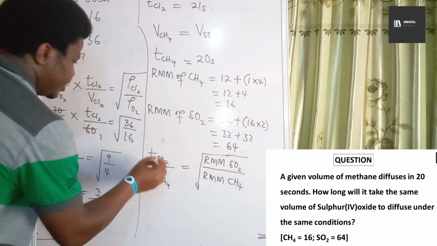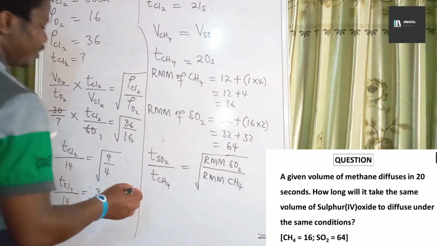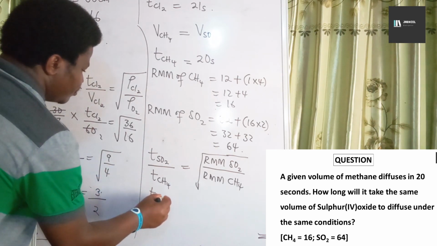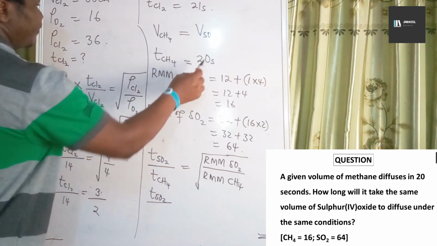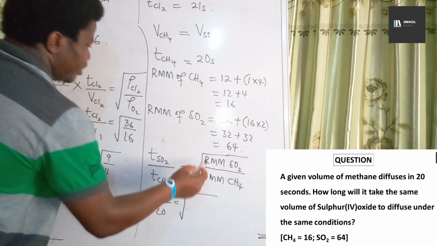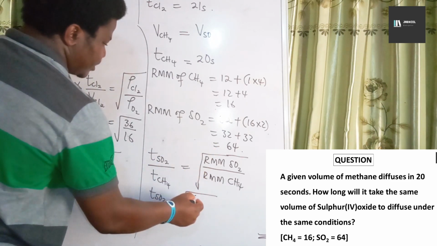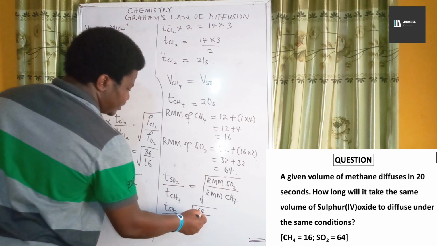The time taken for SO2 to diffuse, we were not given. That's what we are looking for. So TSO2 divided by the time taken for methane to diffuse, which is 20, equals the square root of the relative molecular mass of SO2, which is 64, over that of methane, which is 16.